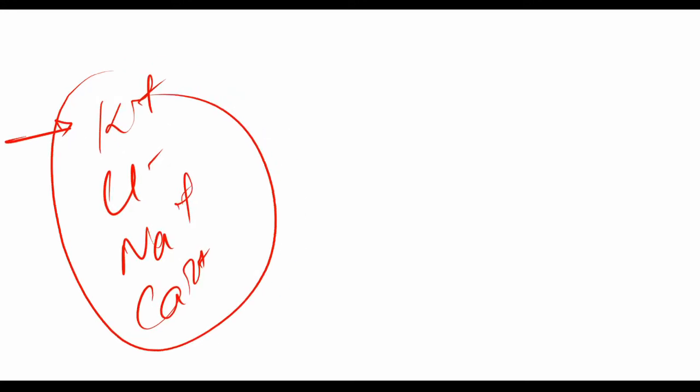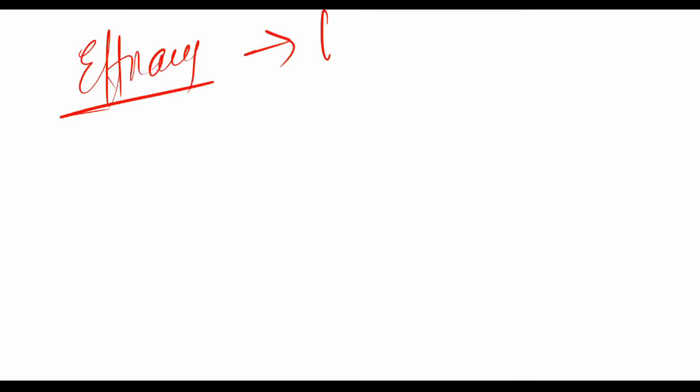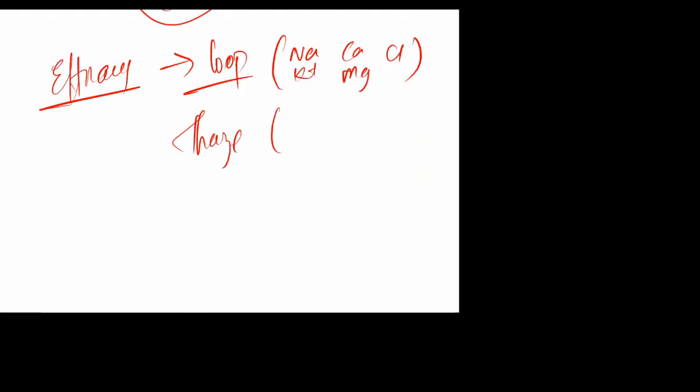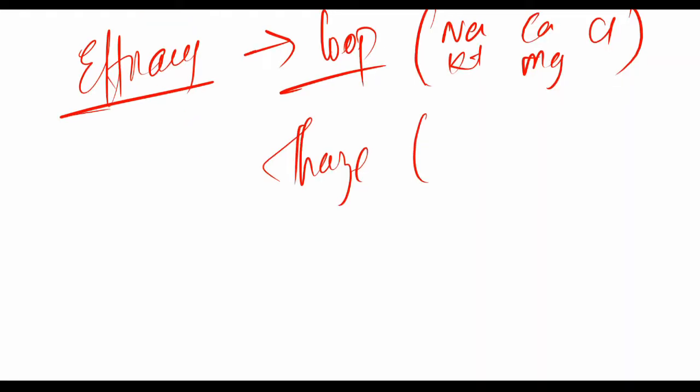So if you look at the classification of drugs based on efficacy, highest would be loop diuretics because they had a lot of ions going for them. They had sodium, potassium, calcium, magnesium, chloride. Next would be thiazide diuretics, which act on all of them except magnesium. So sodium, calcium, chloride, and potassium.